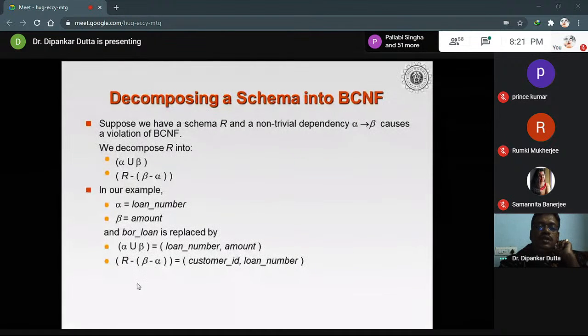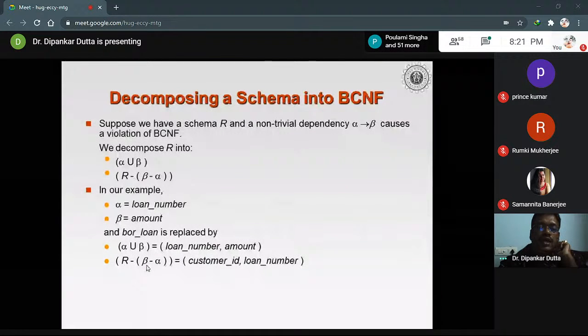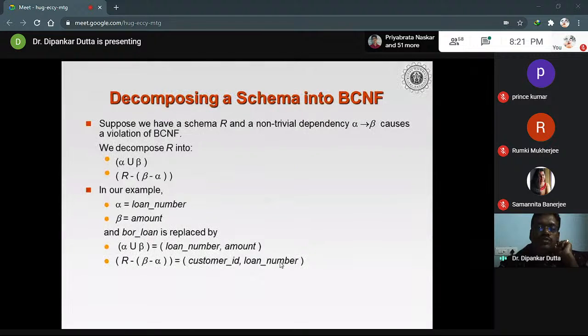Another table will be R minus beta, so amount will be eliminated, plus alpha, loan number. So customer ID plus loan number. So we divide this table into two tables: loan number, amount, and customer ID, loan number. Then these two tables will be in BCNF.